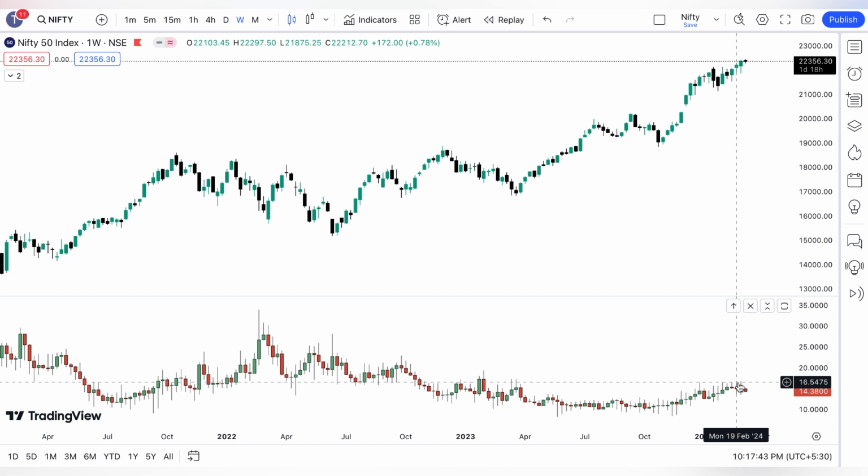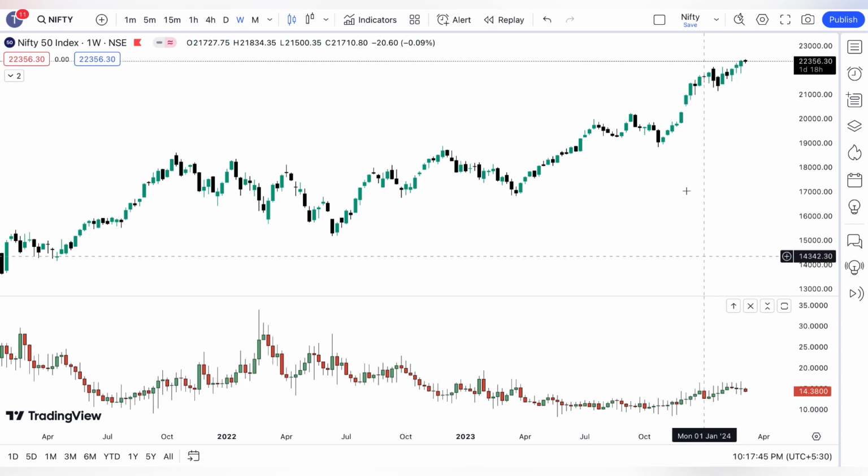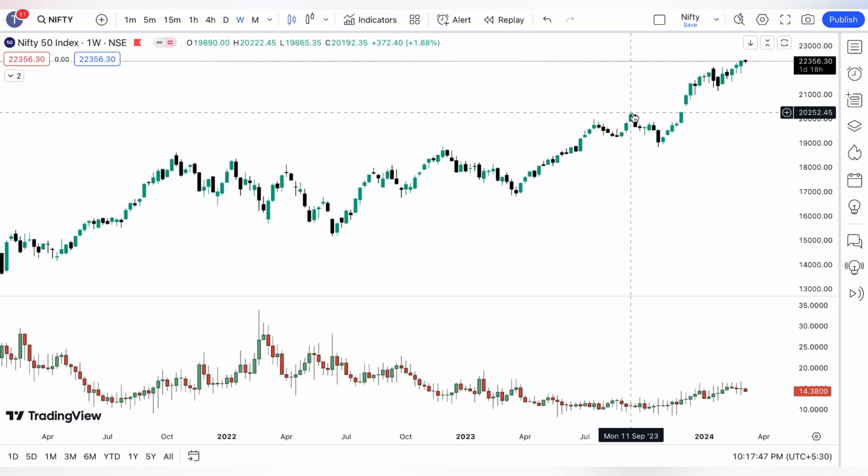What you will also observe, if you have looked at your portfolio from this particular high to this particular high, is that the percentage increase in your portfolio would have been very minuscule.